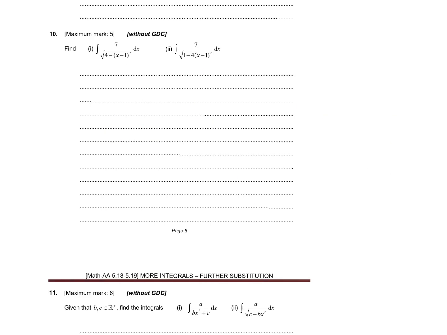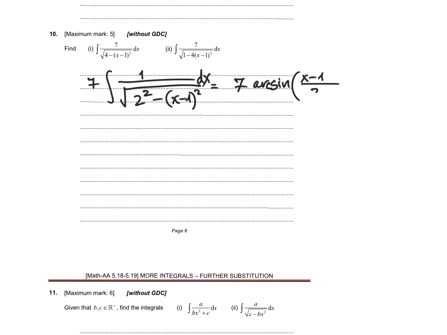All right, this is going to be an arc sine, 7 out, 2 squared minus x minus 1 squared dx. So 7, and then we have arc sine x minus 1 over 2 plus c.